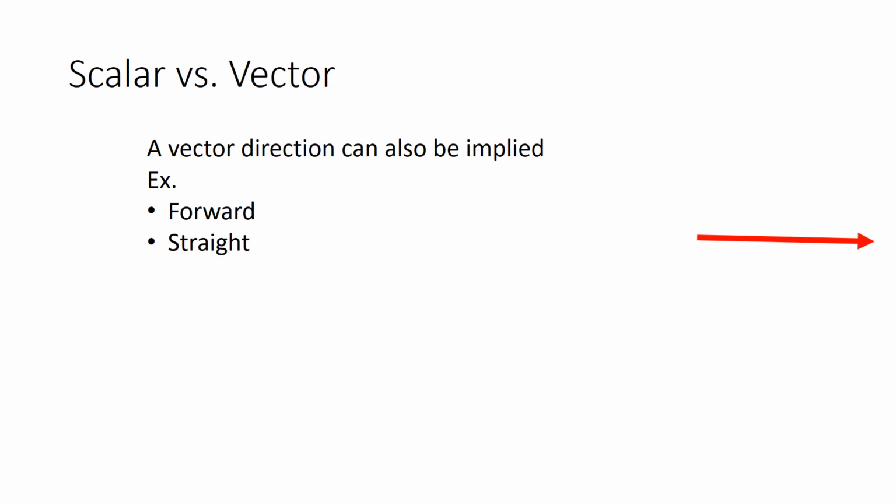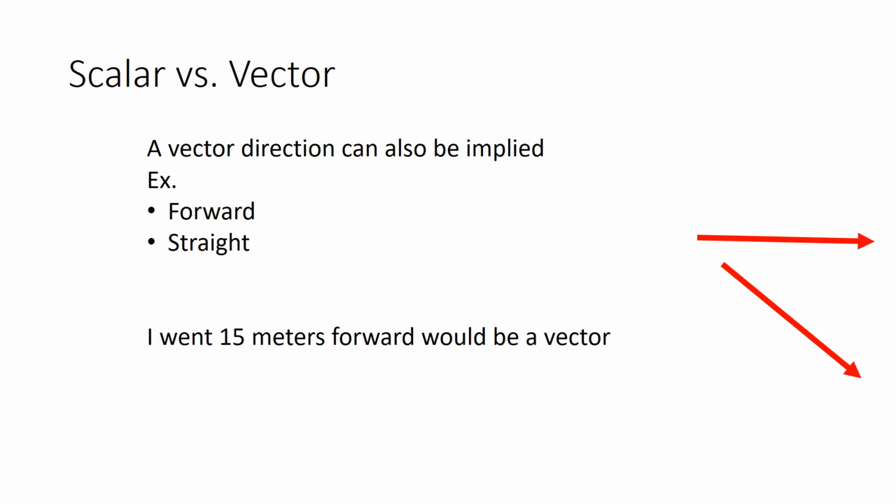The way you can think about it is that arrow right there can represent a length and a direction. If I was holding it and I didn't place it yet, I could place it here or I could place it there. It's still a vector. It just hasn't been defined yet until you place it down and say, okay, I actually did this. But it alone could be considered a vector.